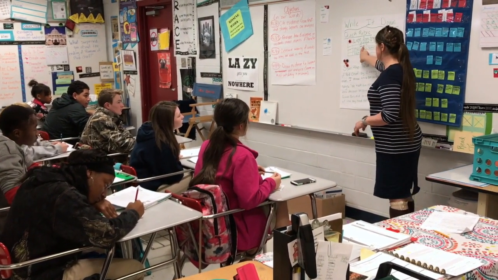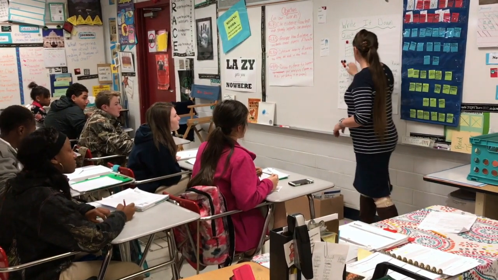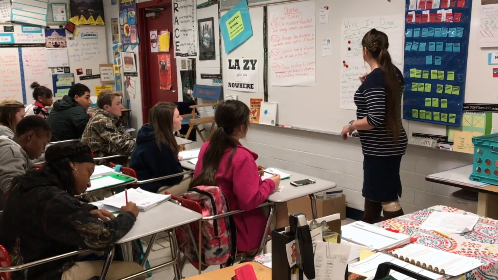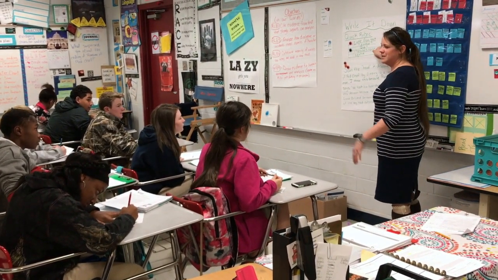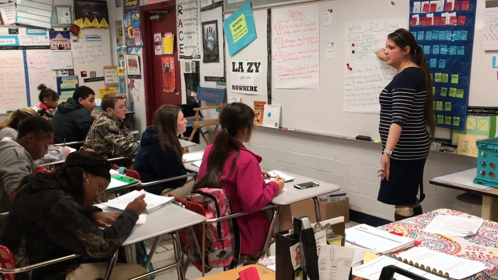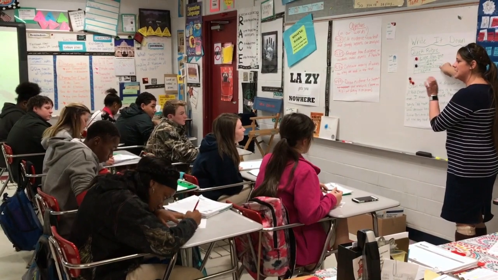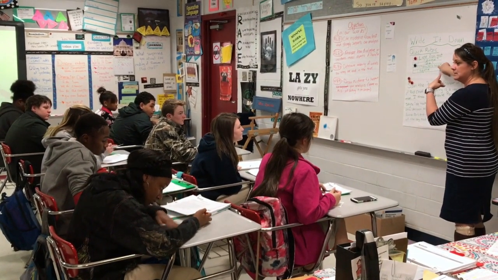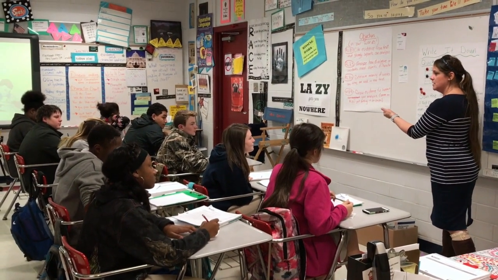Do I have a paragraph number? Yes, ma'am. What is it? Paragraph 85, so I do get this one. Do I have my character's name? Yes. Now you might think, oh, that's such an easy one. Why would you do that? Well, the reason I did that is because sometimes we can get into the habit of beginning our sentence with the word he or she because we assume that our reader knows who we're talking about.